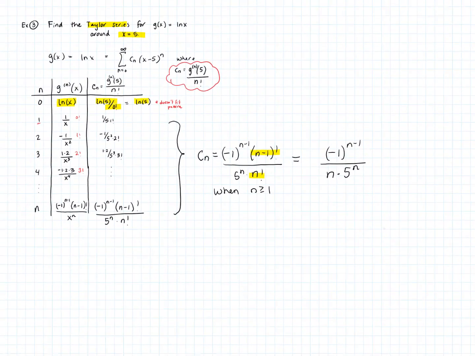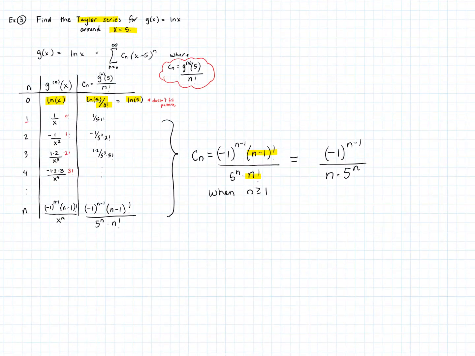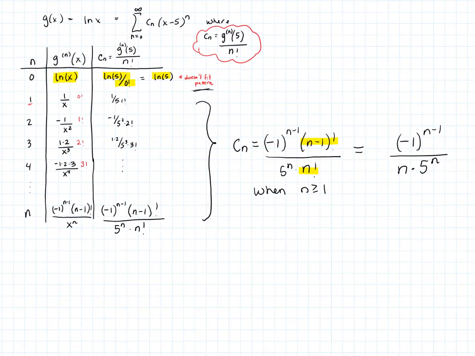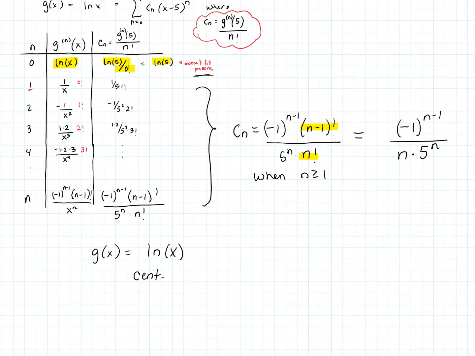So we've come up with a way to write our power series, except for the fact that we've got this guy that doesn't fit the pattern, and that's okay. We can just write that as its own term at the beginning of the power series. So g(x), which is equal to the natural log of x, centered at x equals 5, is equal to, well, the first term.